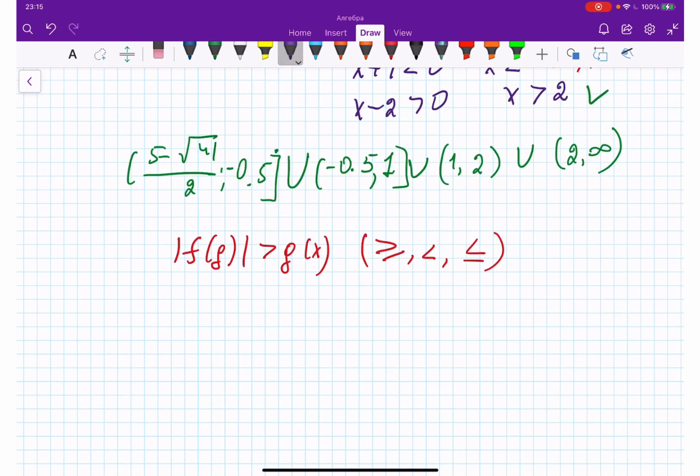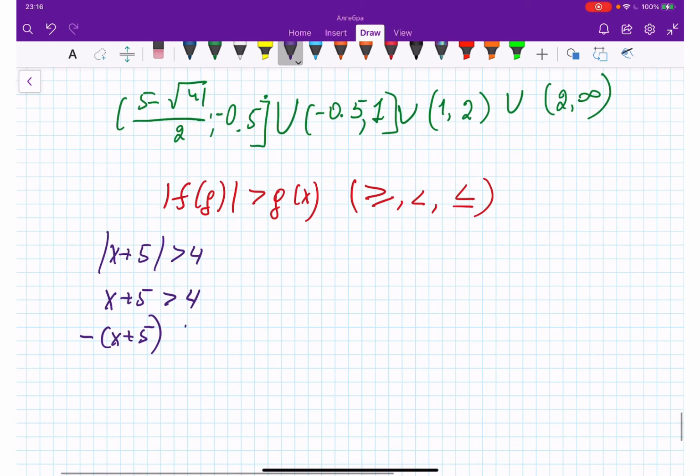Okay, we have absolute value of x plus 5, and it's greater than 4. That means positive x plus 5 greater than 4, and negative x plus 5 greater than 4. So that means negative x minus 5 greater than 4.